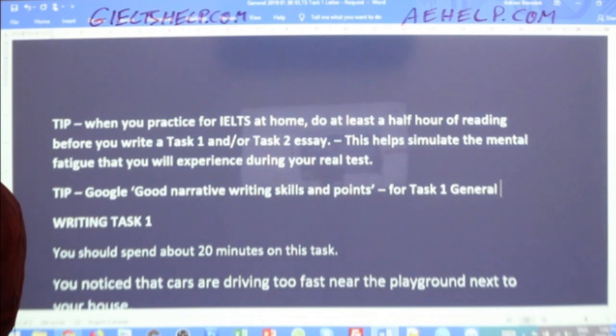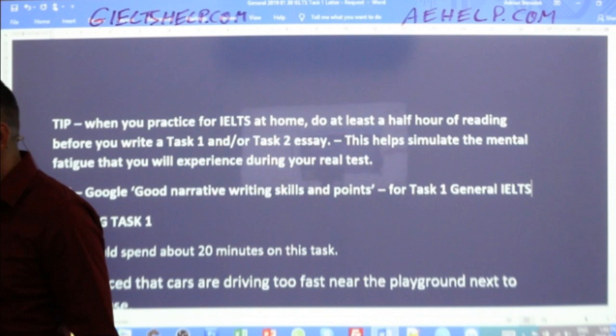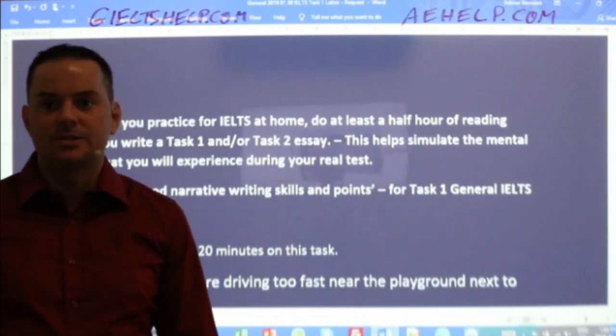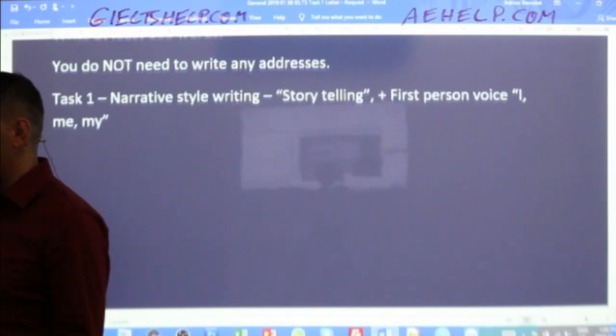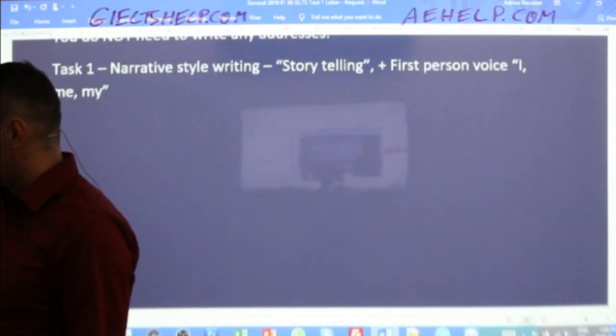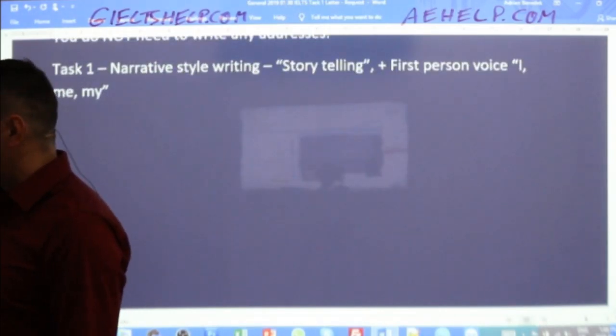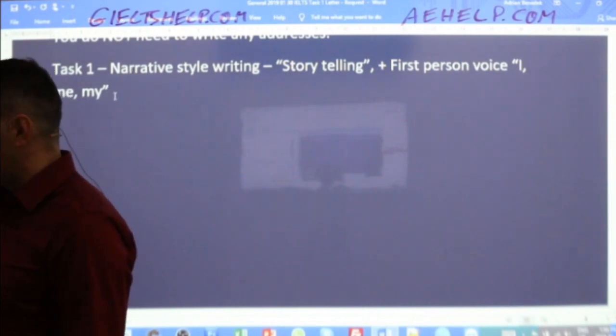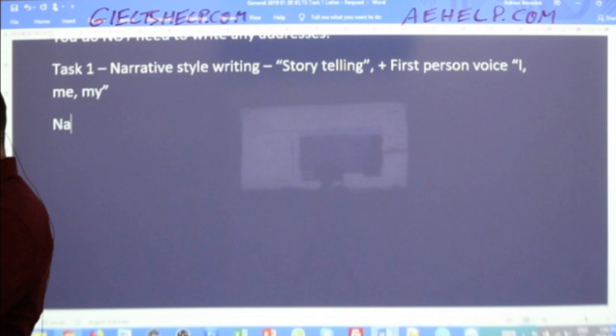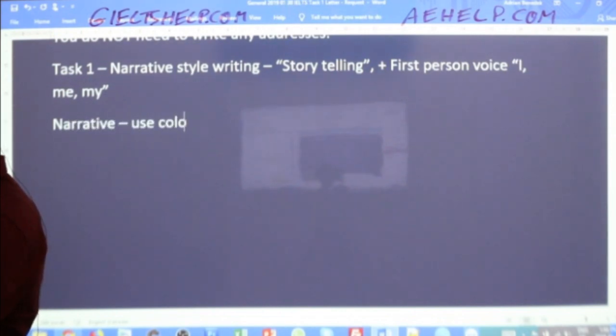Academic is expository writing, so it's different. So Google that, good narrative writing skills. Note that. You should find some websites and pages that will give you some really important points about narrative writing, and some of them will include, you will see with examples, use colorful sensory language.